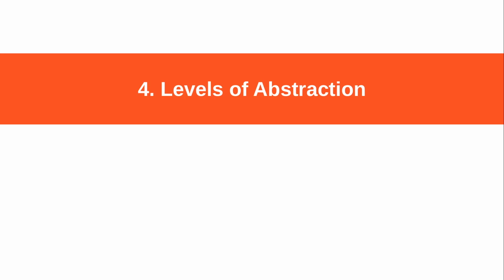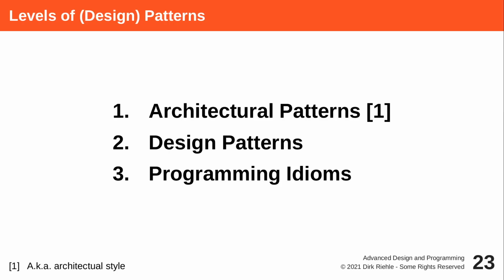So if these are design patterns, they are obviously not specific designs, but they are abstractions from designs. And so I find it helpful to distinguish the various levels of abstraction we find here.